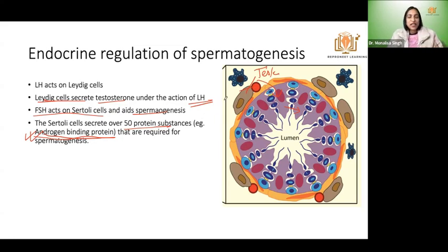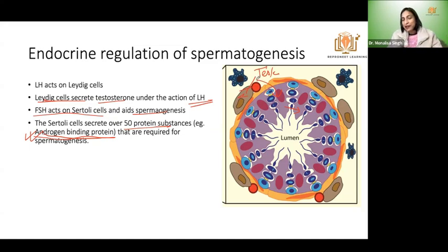That is why if someone has testosterone deficiency, as in they have hypogonadotropic hypogonadism, their FSH and LH is not there, or they have some Leydig cell problem, and you give testosterone systemically, if you give a testosterone injection to them, it will not help in their spermatogenesis. Somebody has azoospermia and you see that the testosterone level is very low.